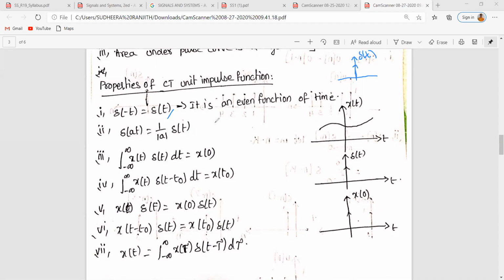Now delta of at. How can we support this one? Integral from minus infinity to plus infinity of delta of t is equal to 1, right? So let us take delta of at instead of delta of t here. What is delta of at? It is the time scaled version of delta of t.